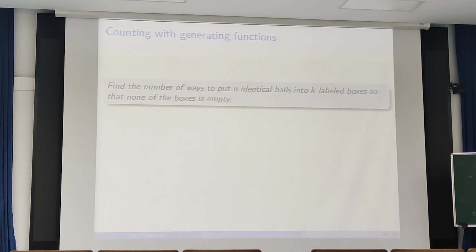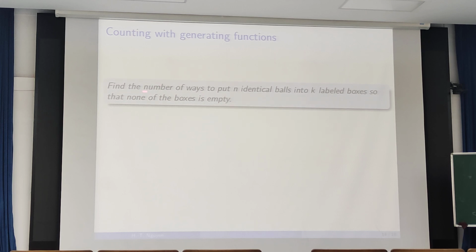Now we revisit a familiar counting problem. You know already, I hope, how to solve this using the formulas for arrangements. Here I introduce another way to use generating functions to solve this counting problem.